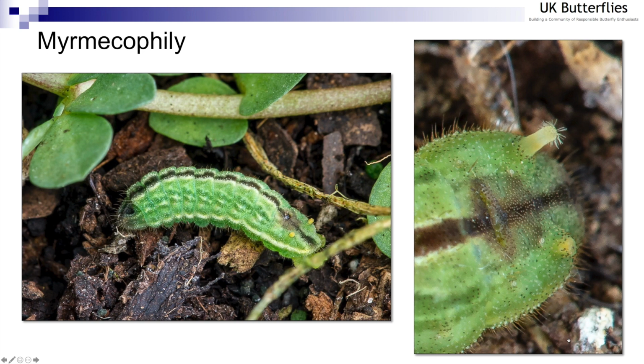So the caterpillar obviously gets a benefit in terms of the protection that the ants afford it from other bugs, and the ants get the secretions that are given off by the caterpillar in return. So in most cases this is a kind of symbiotic relationship.